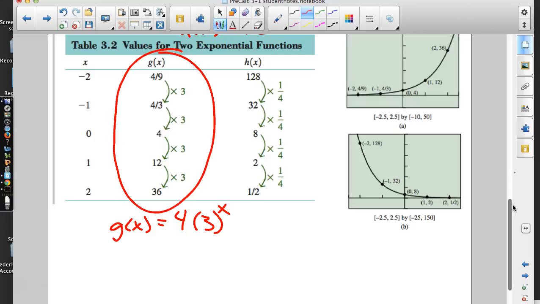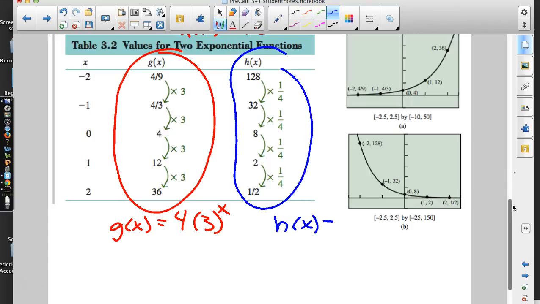So this one is called h of x. So what would we start with for h of x? 8. 0, 8.